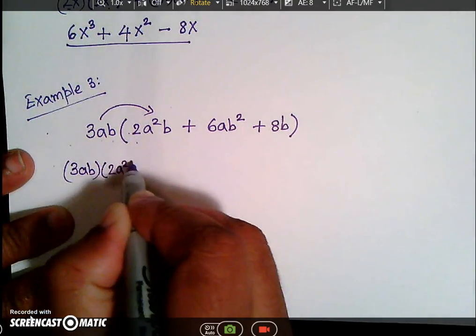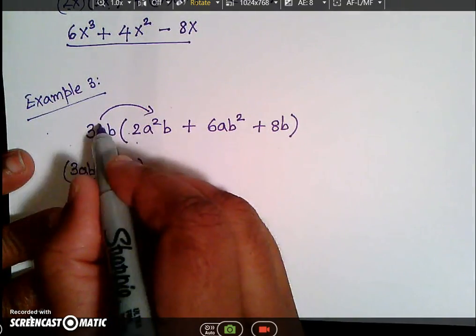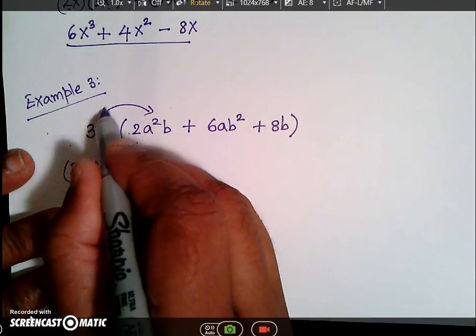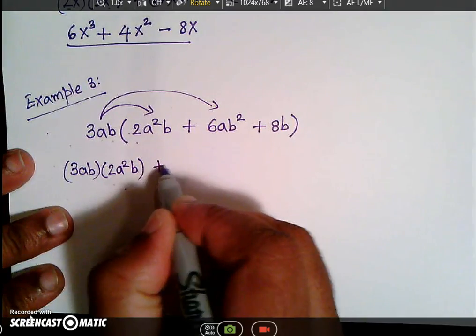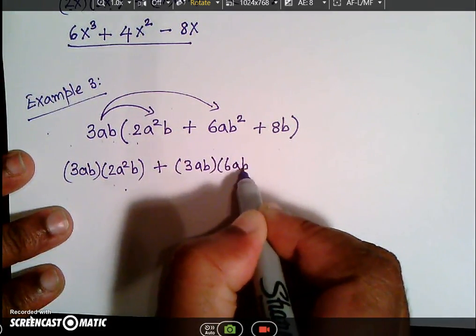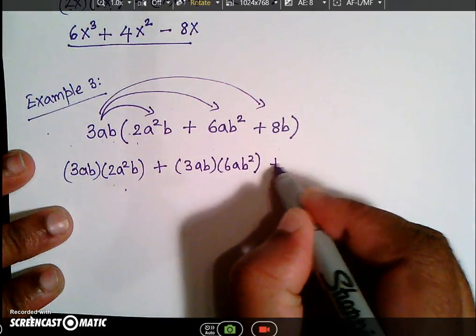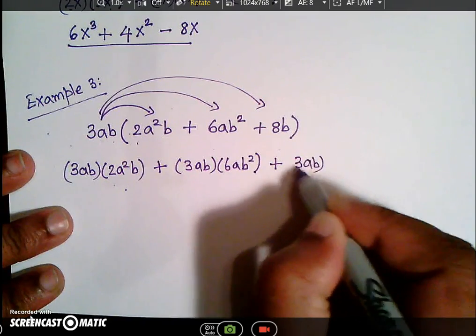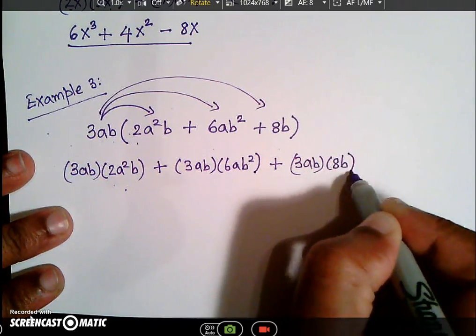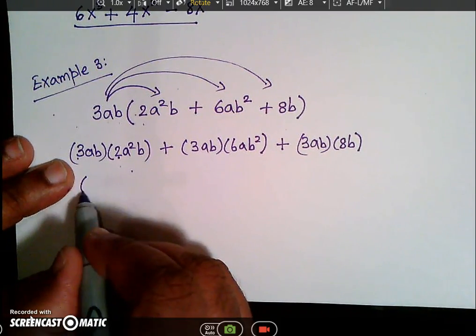After you get used to it, you don't have to do all this, you can just do it mentally. So 3ab times 2a square b plus 3ab times 6ab square plus 3ab times 8b.